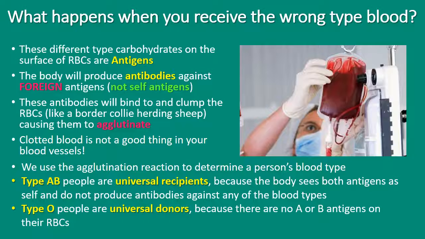All it has is that base H substance, so there's no problems there. And because of that, type O people are considered universal donors because there's no antigens in the blood to cause a reaction.